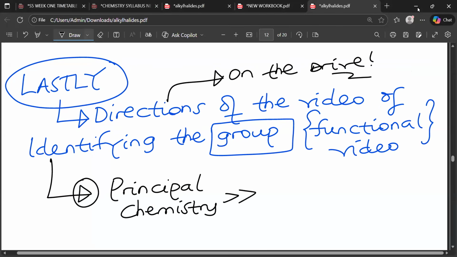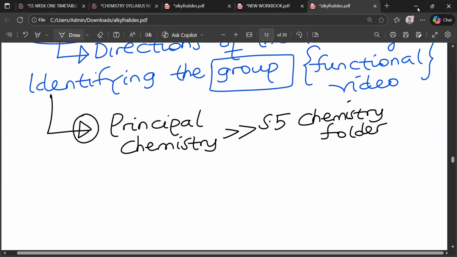From principal chemistry, go to the senior 5 chemistry folder.